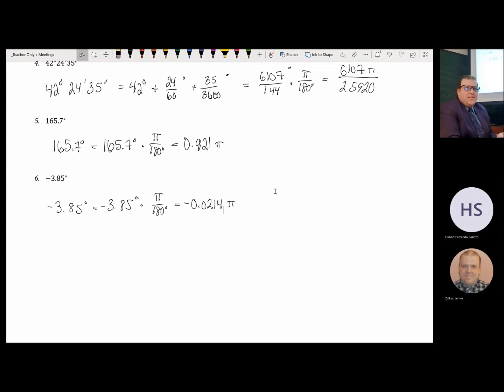Leading zeros are not significant. Trailing zeros are also not significant unless there's a decimal. So like 5.000, that's 4 sig figs.